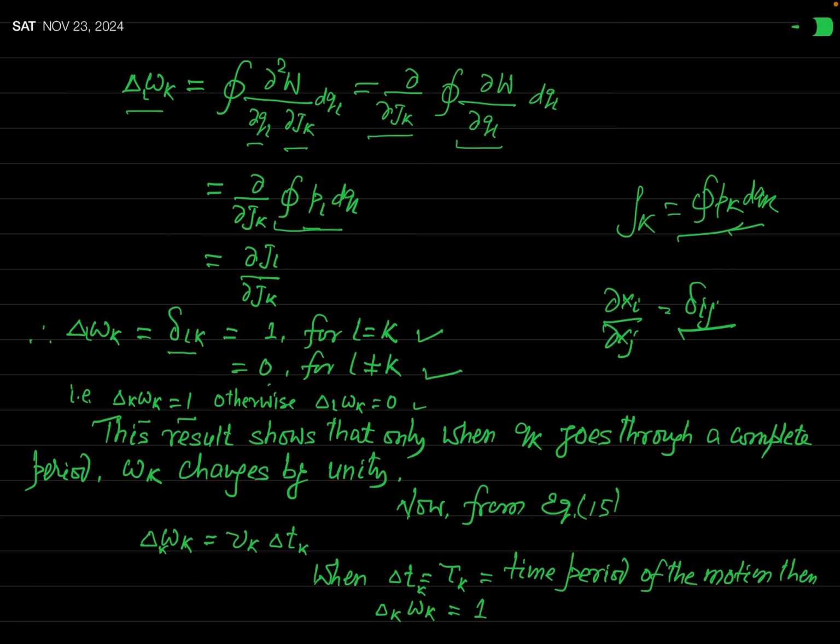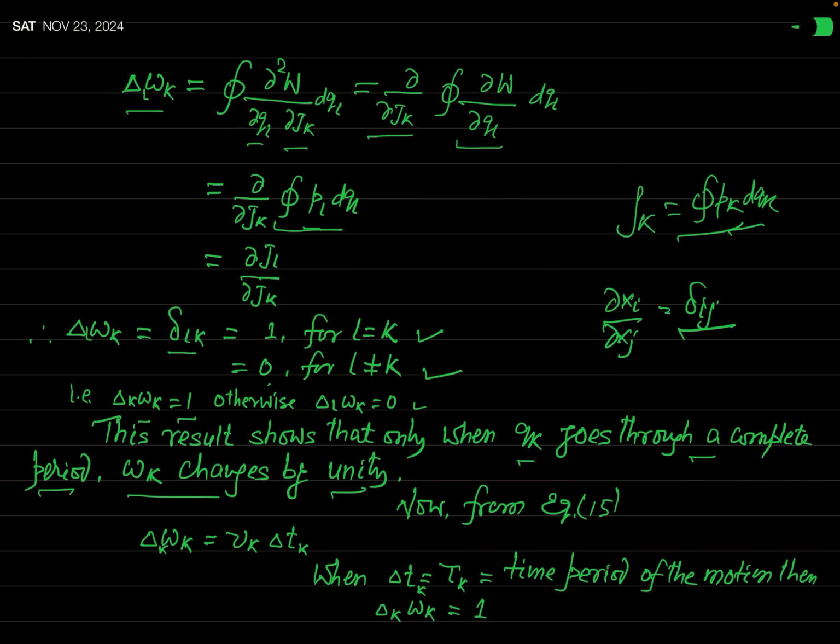So in fact, this result shows that only when Qk goes through a complete period, omega k changes by unity. That will be 1, only when this Qk goes through a complete cycle.